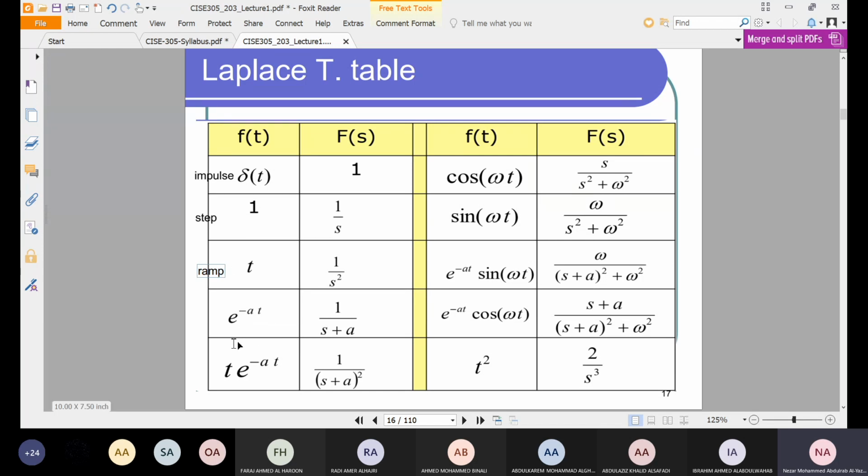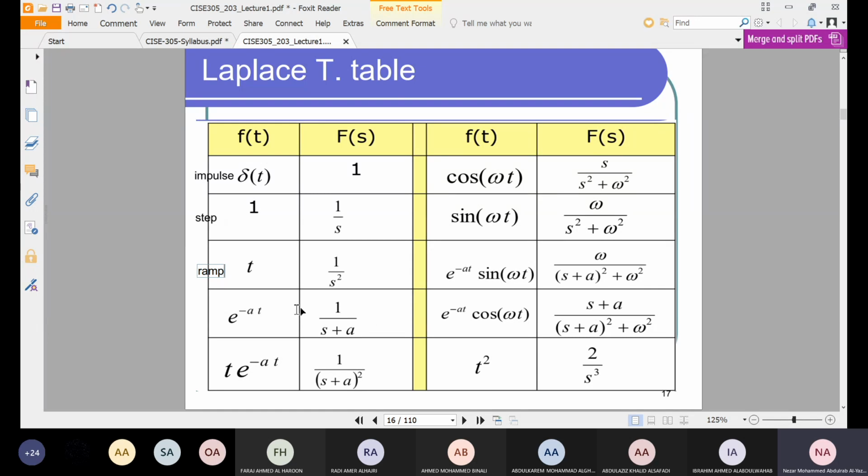You know this one, the exponential. This is ramp multiplied by exponential. This is cosine, sine, exponential multiplied by sine, exponential multiplied by cosine, and time squared. All these things, inshallah, you should know. This table will be given in the exam, but if you recognize the Laplace of these basic functions, it will help you solve the problem faster.